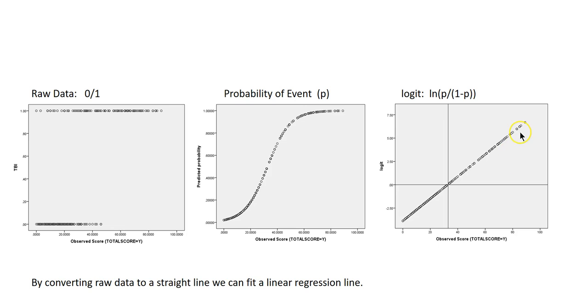The actual data is a lot messier, as you can see over here, where the values down here kind of overlap these. So there's mess that is not picked up when you just use the prediction. But this is the model, and we can look at how well the model fits in other places. So we do logistic regression by converting raw data to a straight line.